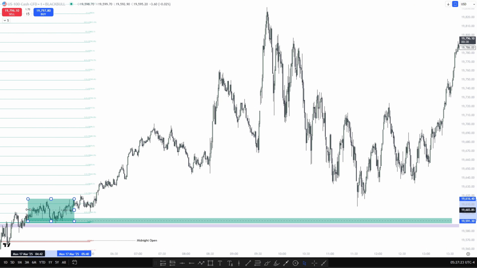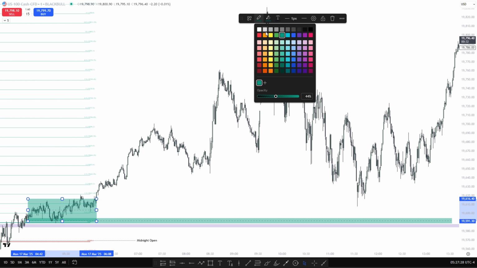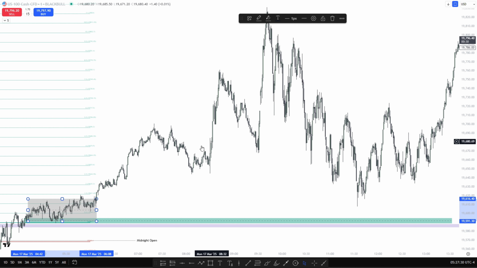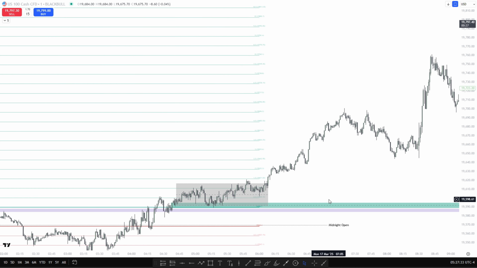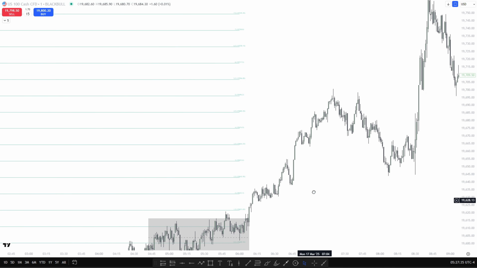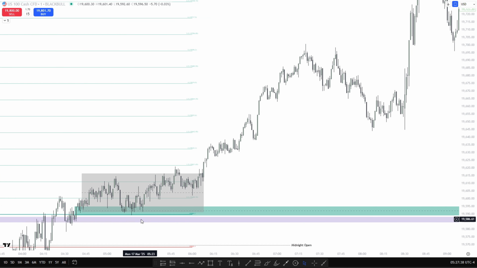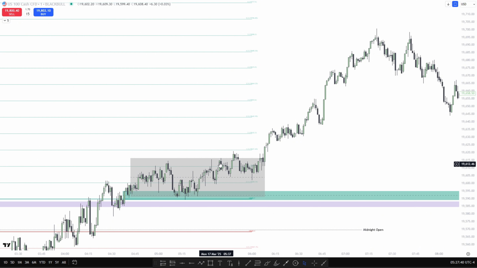So the way Michael explains it, how to identify it, let me mark it in gray. You want to catch candles that are pretty much at the same level. Look at this. The bodies here stay the same, how they respect this level. They're all closing pretty much at the same level here.